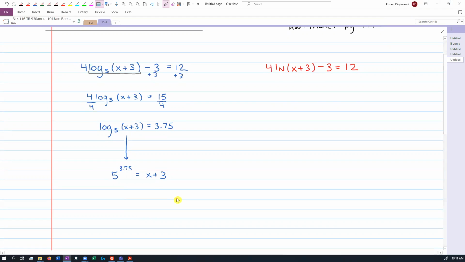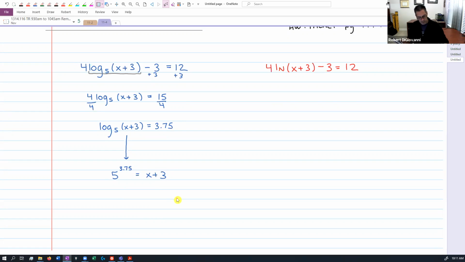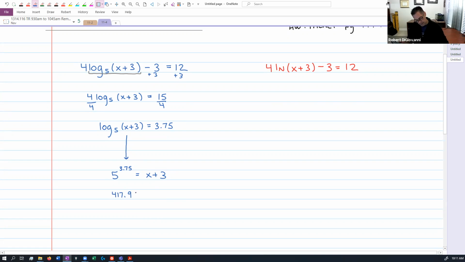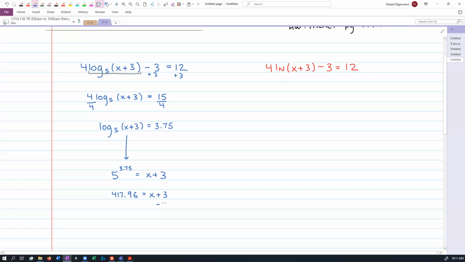No. Okay, so you're comfortable with your calculator? Yeah. Okay, so what'd you get on the left side? On the left side, I got 417.96. Okay, that's good. And then you're down to one last step. And then I subtracted 3. There you go.